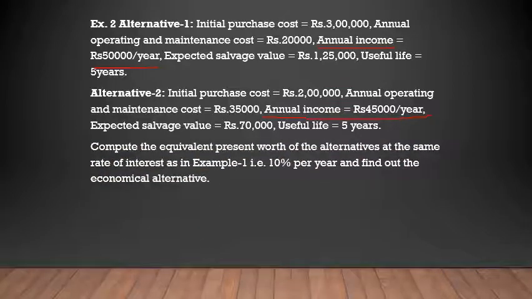Compare the alternatives on the same basis, 10% rate of interest, and find out which alternative is better. In the first problem, alternative 2 was better because it yielded lesser cost. Let us see, when I add the income factor into this problem, will the decision change or remain the same?